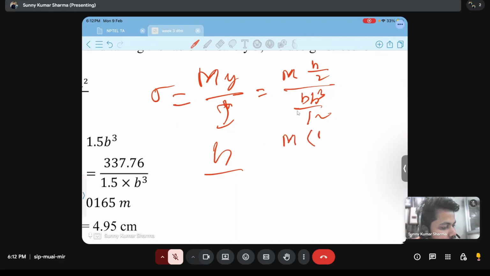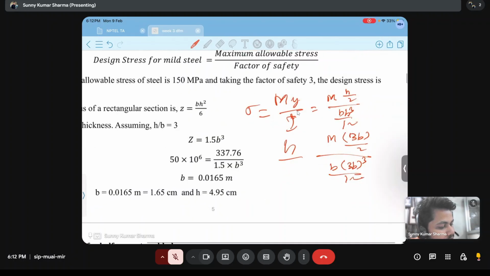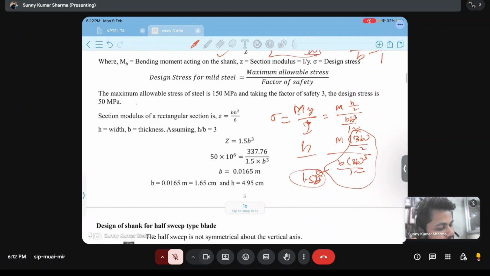This will become 3b by 2 by b into 3b cube by 12, which finally comes as 1.5 b cube. If we design for steel, it has maximum allowable stress as 150 megapascal.